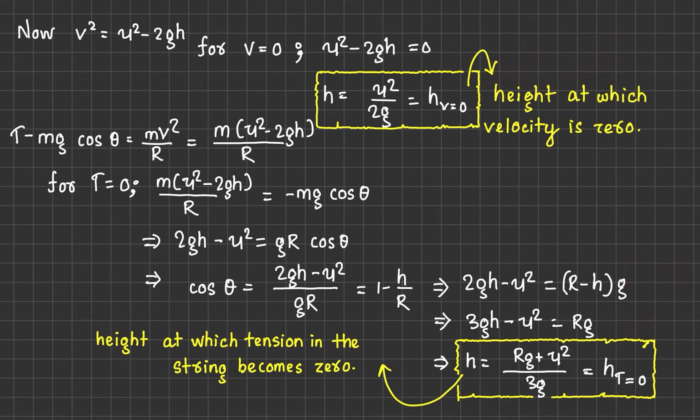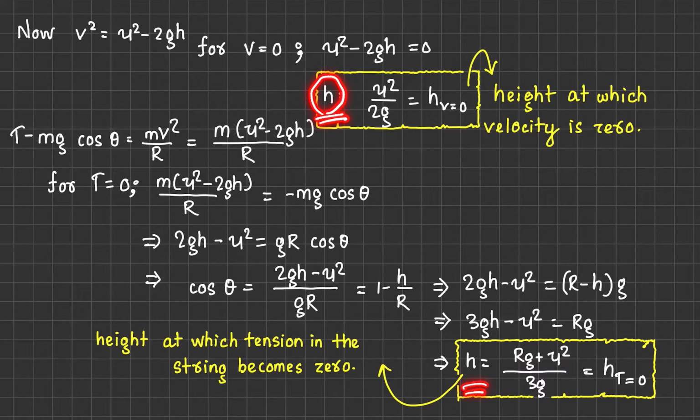Now let's analyze which one attains the 0 value first. We have two expressions here, and in these two expressions we can see that if velocity becomes 0 before tension, that means this height is attained before the other height.